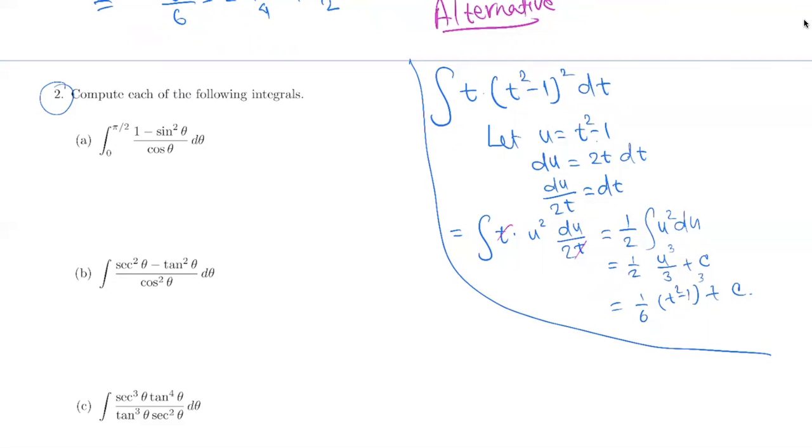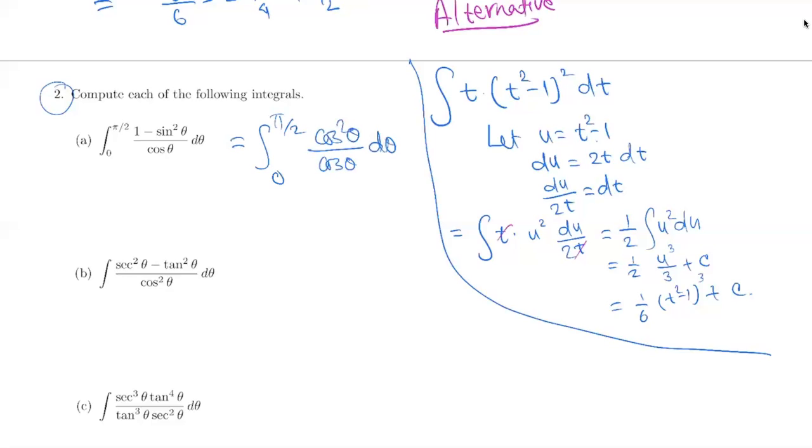Sometimes you have a formula available, but that might not help. In this case, it helps because 1 minus sine squared is cosine squared. Now you can cancel one copy of cosine from top and bottom, leaving just cosine theta.